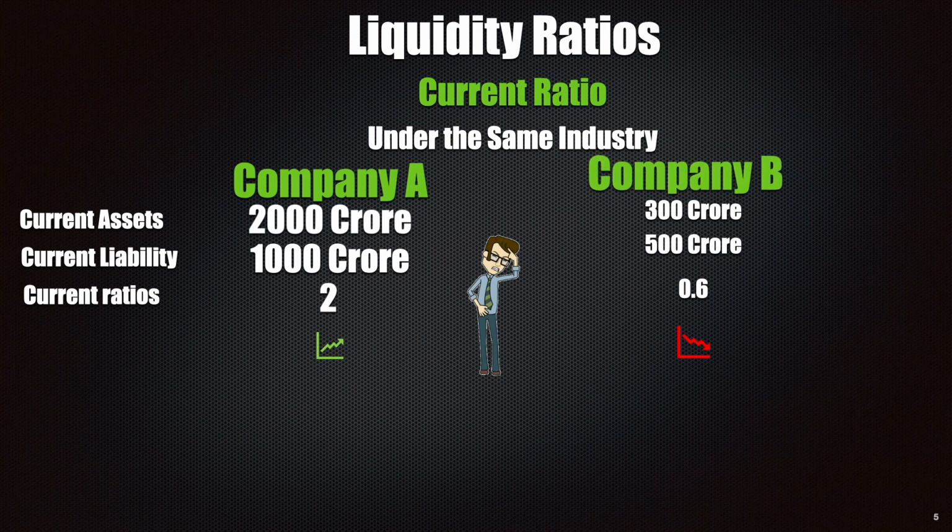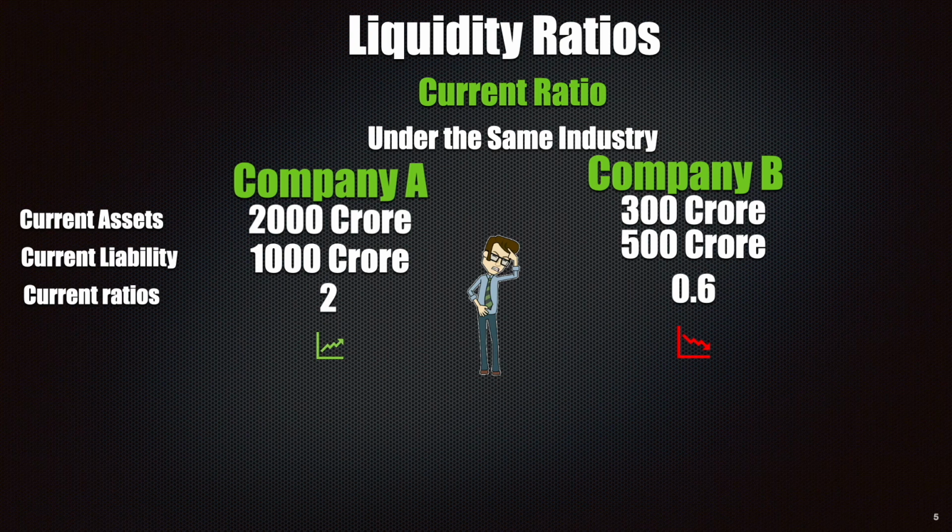Whereas company B has current assets of 300 crores, whereas its current liabilities stood at 500 crores. That means it has a current ratio of 0.6. For every 1 rupee of current liability, company B has 60 paisa of current assets. So it looks like company A is managing its working capital efficiently and maintaining its short-term solvency perfectly, whereas company B still looks like it is struggling to meet its short-term obligations.